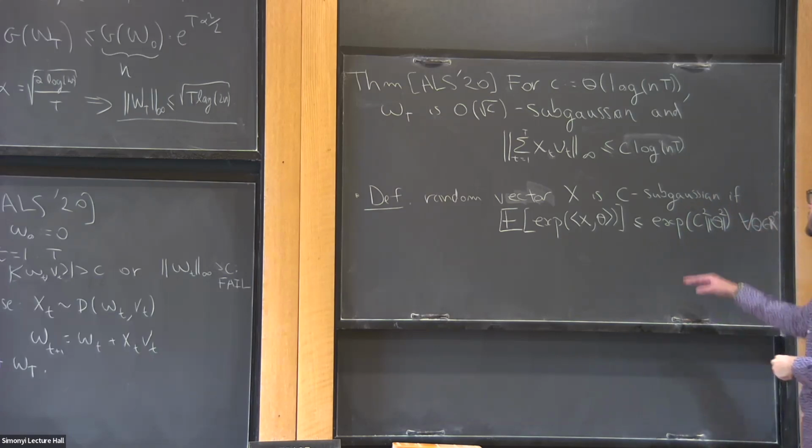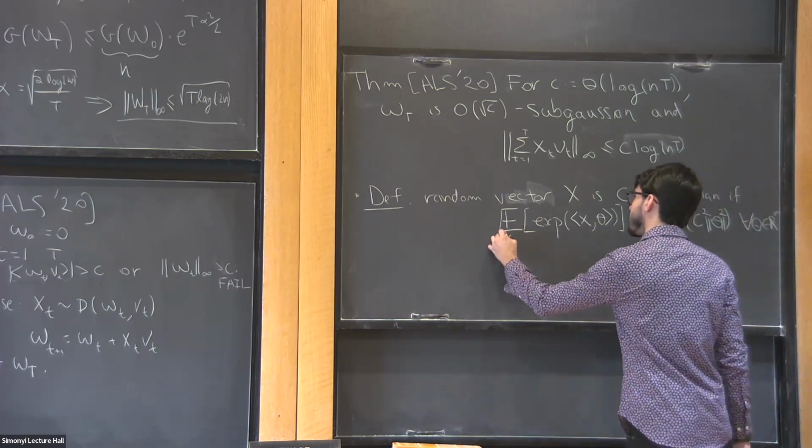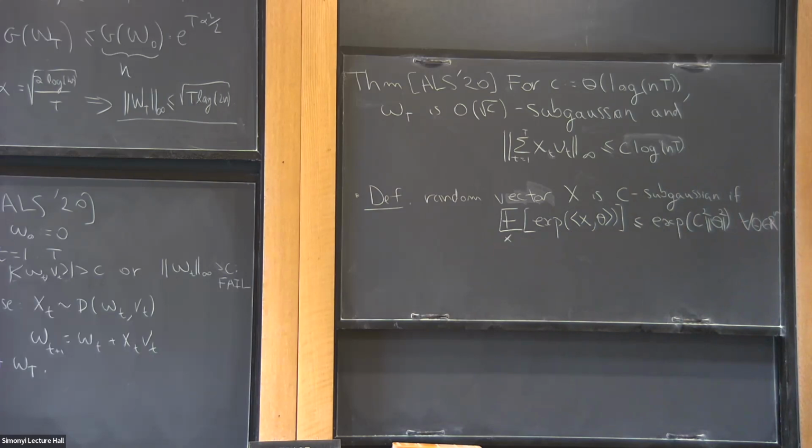You can think of the right side as what you would get if you plugged in a Gaussian here. So essentially it's upper bounded by what you'd get for a Gaussian.